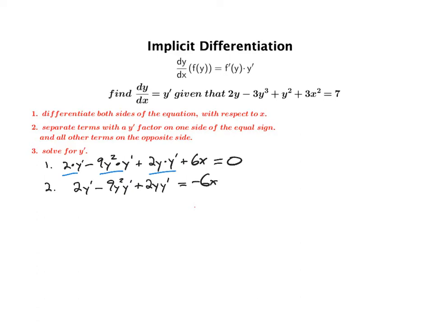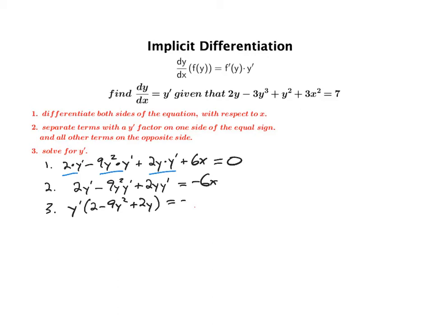The third step is to solve for y prime. Before we can solve, we want to first factor out y prime. So if I factor a y prime out of the left side, I'm left with 2 minus 9y squared plus 2y.